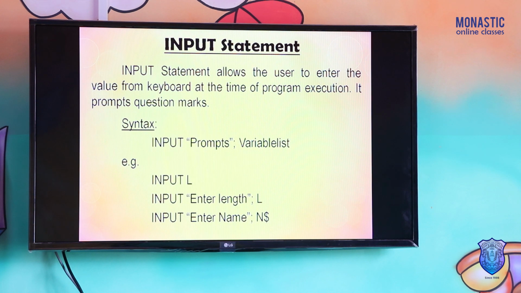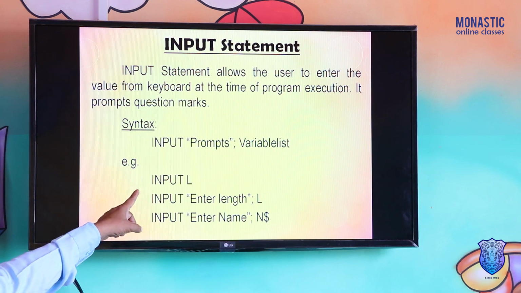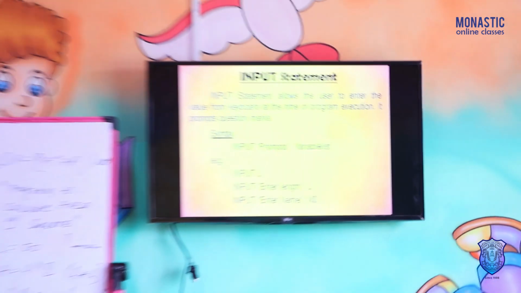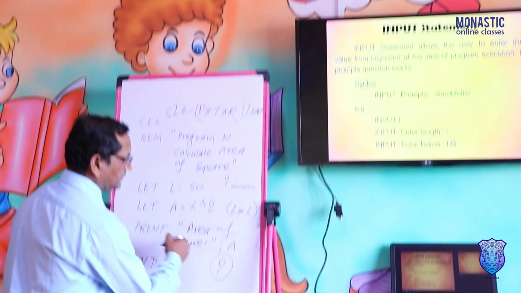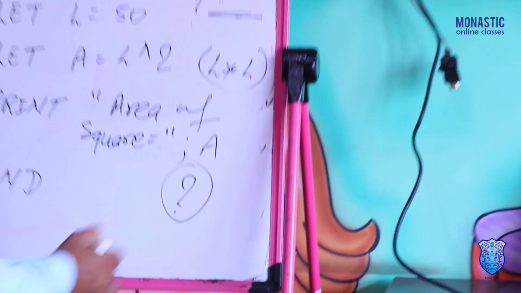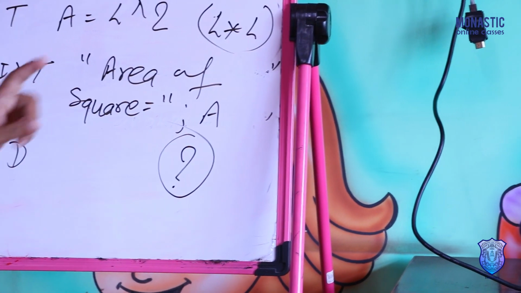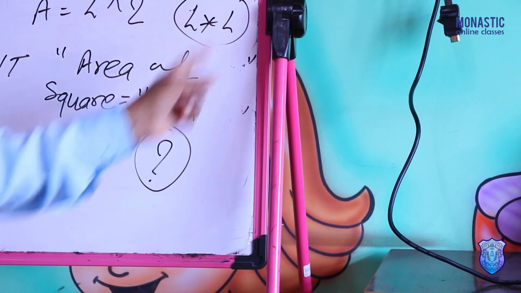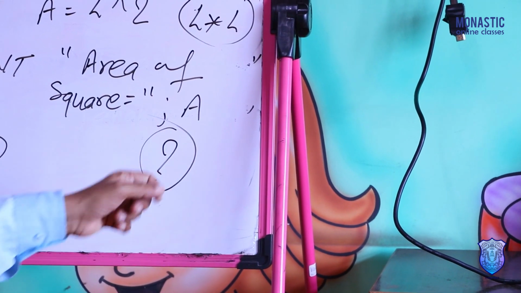In the first example, INPUT L, there will only be the question mark. For a string, also a question mark. For a numeric variable, also a question mark. For a string variable, also a question mark.